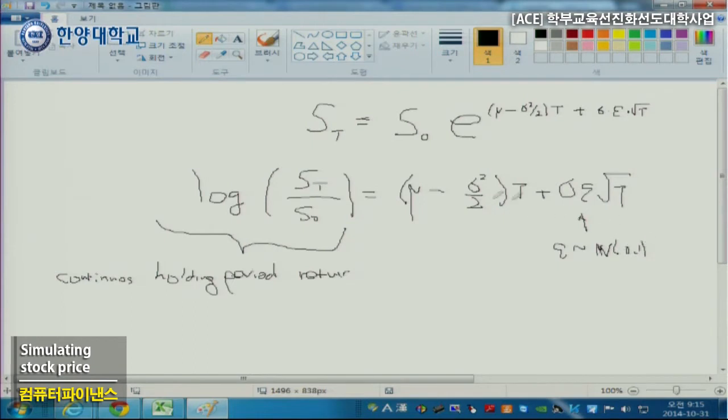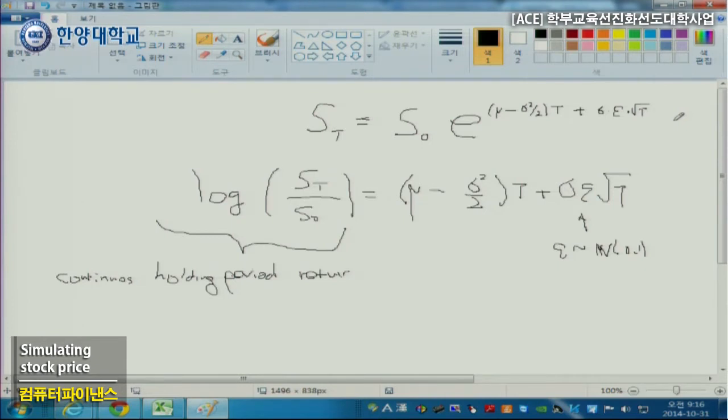If T is large, it means further in the future, and the further the future, the more uncertainty.